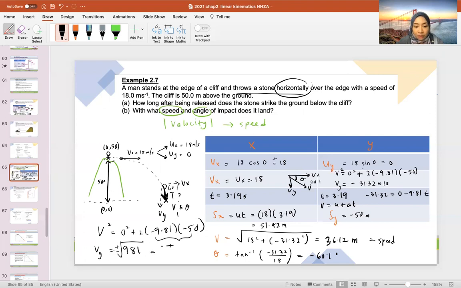Jawapan dia akan dapat positif negatif 31.32 meter per second. Me as someone yang menjawab soalan ni, I should look at my diagram, I should look at my question, tentukan sendiri what is the direction of my Vy. In this case, we already know it's going down. So I will choose negative sign.